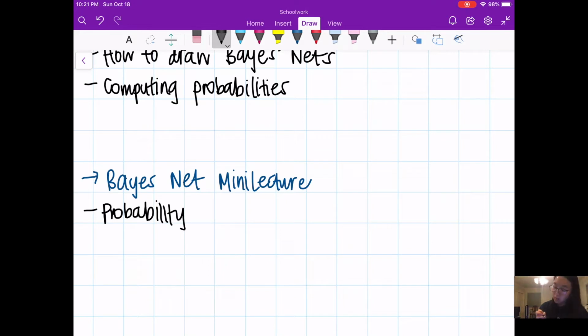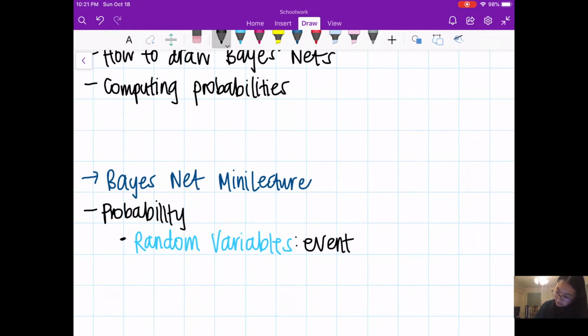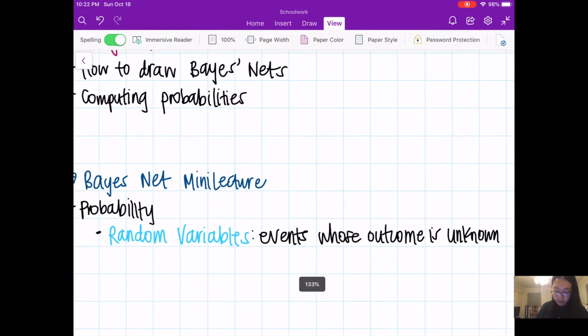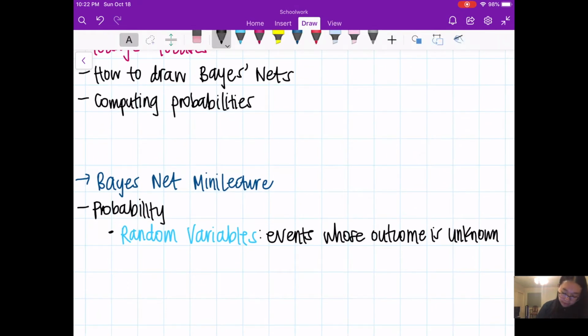With probability, there are things that we call random variables. Random variables are essentially events whose outcome is unknown. So since the exact outcome is unknown, we will usually represent random variables with a probability distribution.